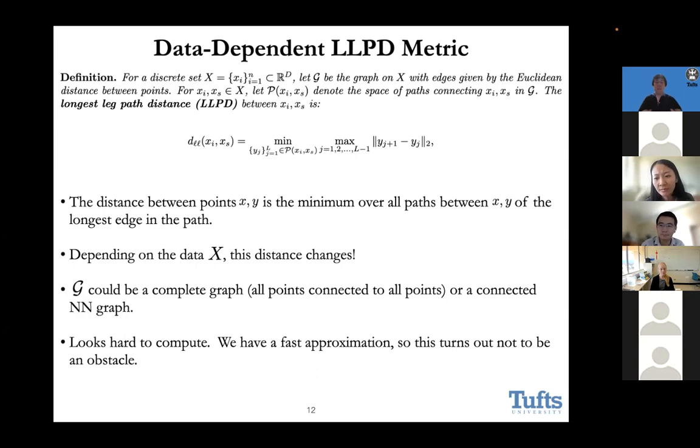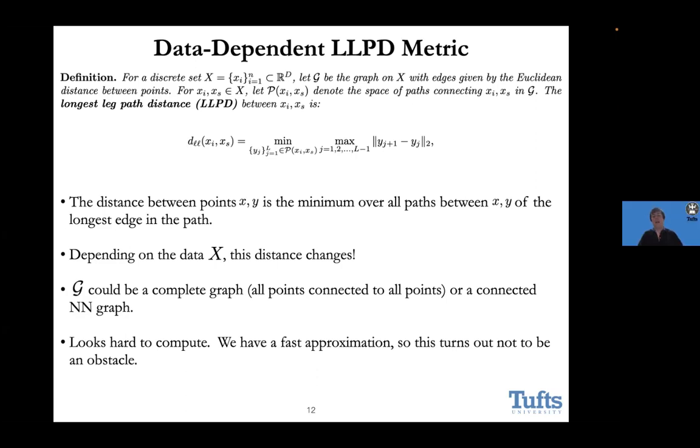We're going to define the cost of a path to be the maximum edge in that path. So we define the longest-leg path distance between xi and xj to be the minimum over all possible paths of the maximum step size in the path. So one way to think of this is like an L1 geodesic problem on the graph, except I'm replacing L1 with L infinity.